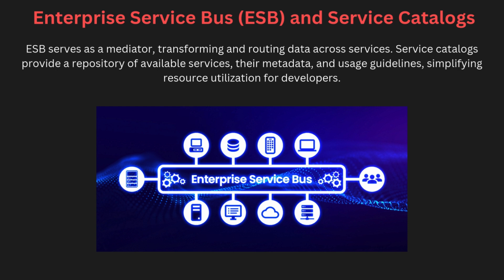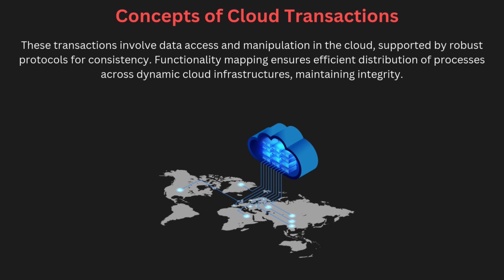So now the concept of cloud transactions. Cloud transactions refer to the interactions that occur when applications access or manipulate data in the cloud. These transactions are characterized by their scalability, fault tolerance, and high availability. Unlike traditional transactions, cloud transactions often span multiple distributed systems, requiring robust protocols to maintain consistency and reliability.